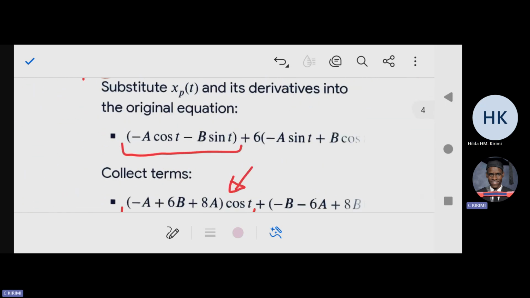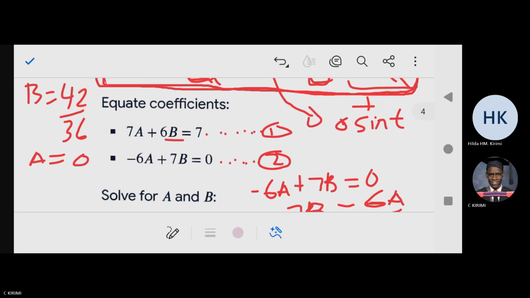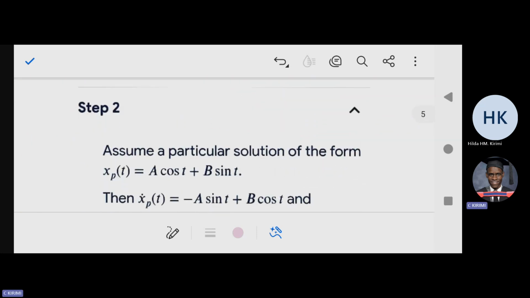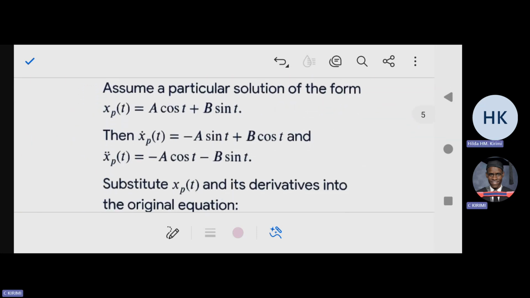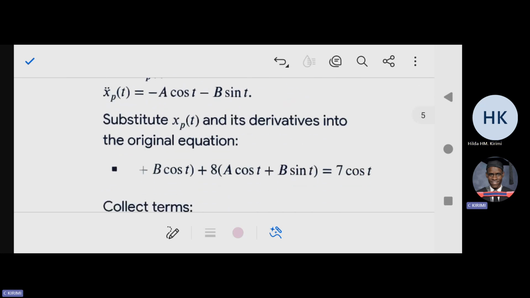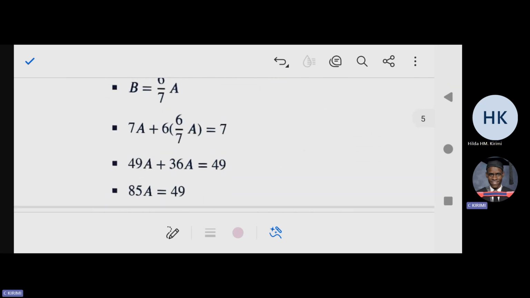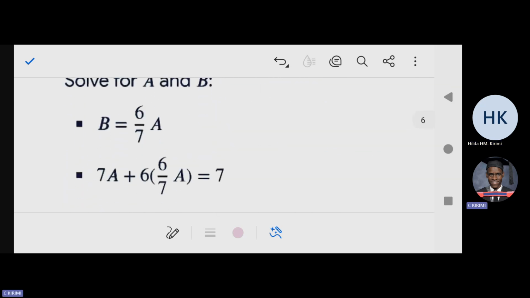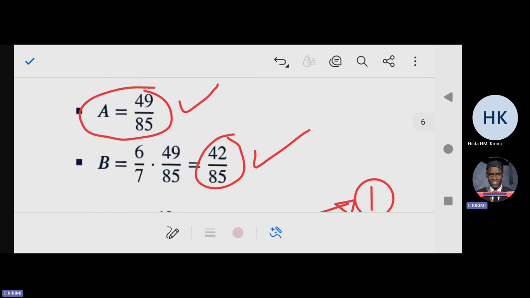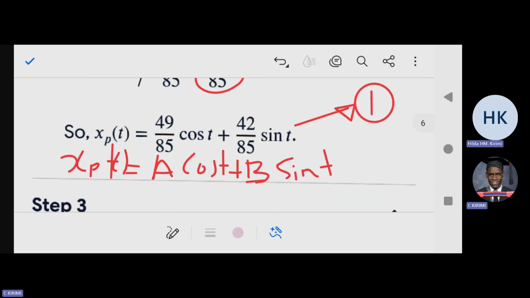So now what's left is to combine. Let's combine now to get the general solution. So this is what we are going to do. We have solved for A and B. The values, we have obtained them. A is 49 over 85. B is 42 over 85.